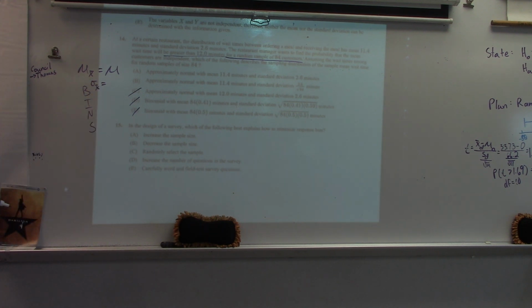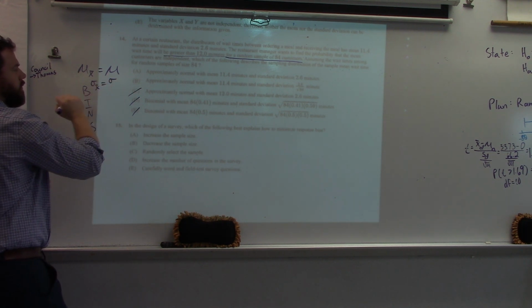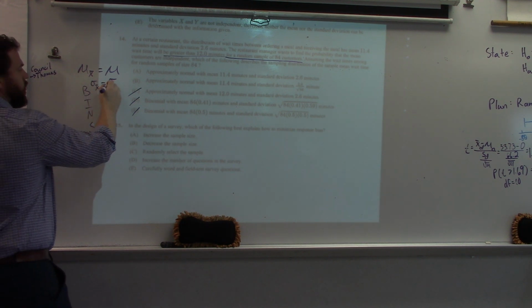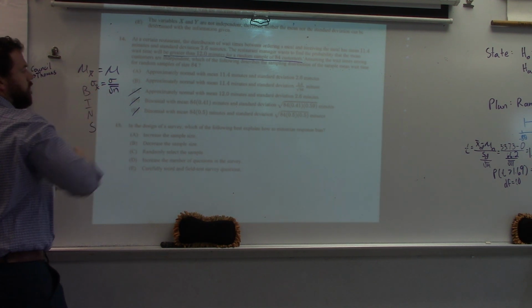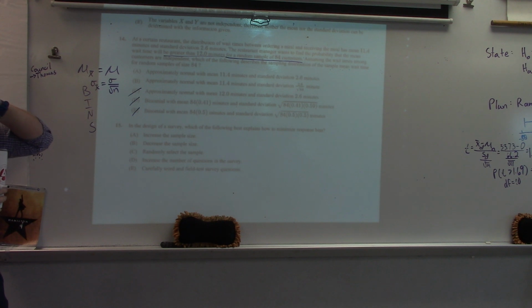You have to do the standard deviation over the square root of n. But do notice it would not be the standard deviation of the sample, it would be the population standard deviation. Yeah. I had it, I just had to.